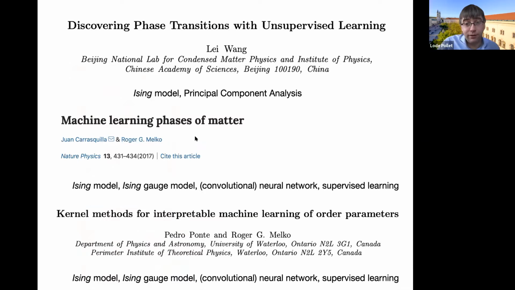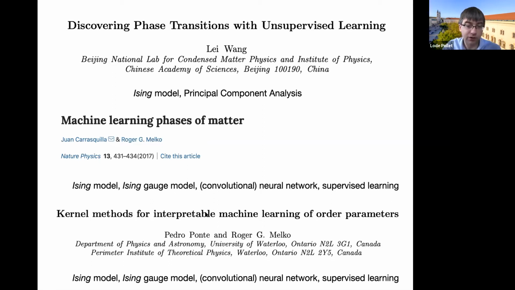The history of this field goes back roughly about 5 years. The first papers talking about discovering phase transitions are by Lei Wang, discovering phase transitions with unsupervised learning. That applied to the Ising model using a principal component analysis method. A paper by Carrasquilla and Melko on machine learning phases of matter was also applied to the Ising model and Ising gauge model, using a CNN and supervised learning.